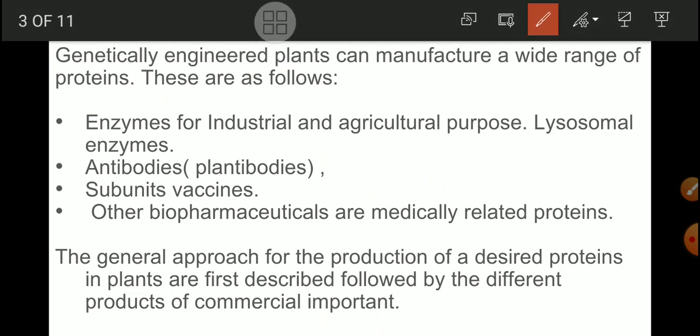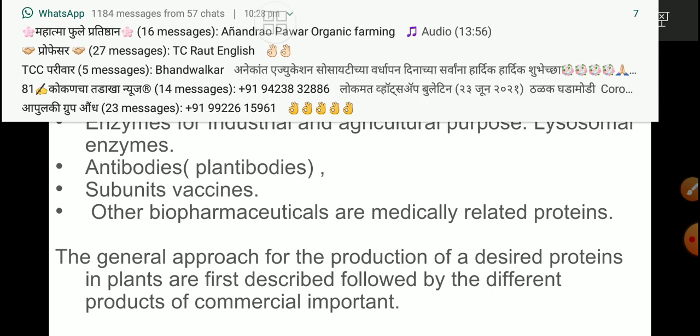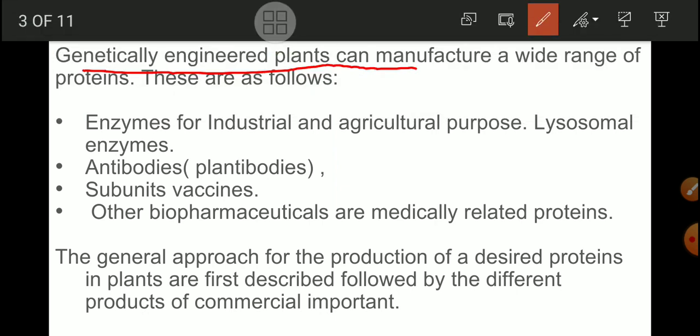Friends, you have to keep in mind, what do genetically engineered plants mean? Again, transgenic plant. We have used here genes and technology. So, engineered, that is technology. Genetically, we have added a gene into the plant which is taken from another organism. So that is a transgenic one, my friends, you have to keep in mind.